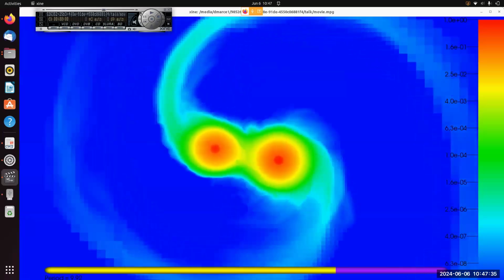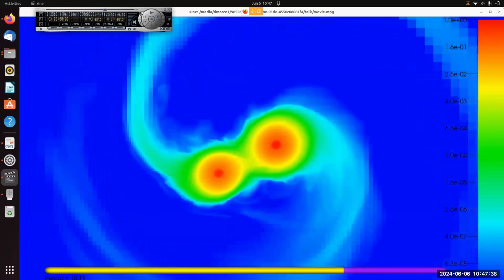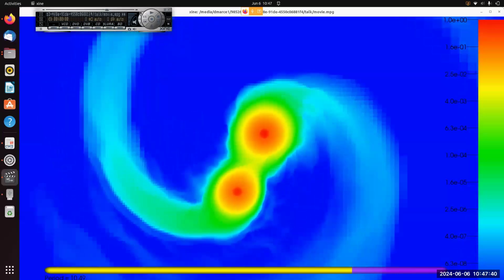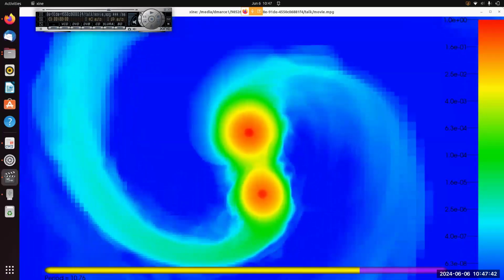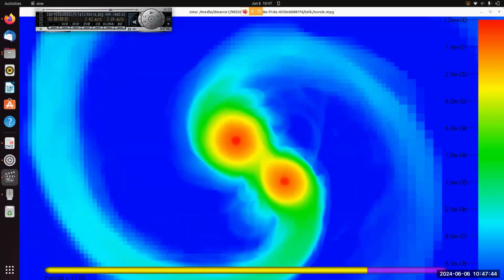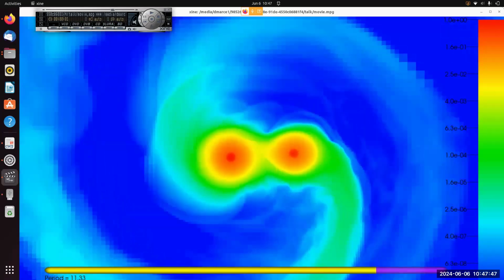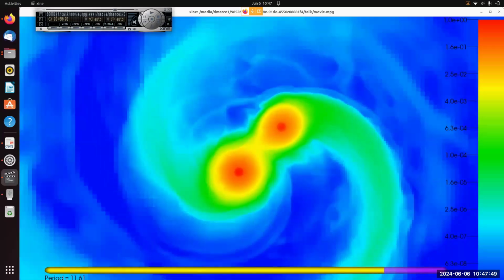And this mass transfer is unstable, so the accretor pulls mass off the donor and sinks further into contact.